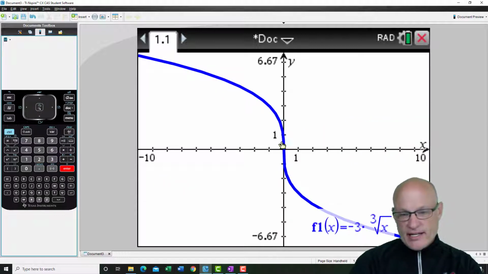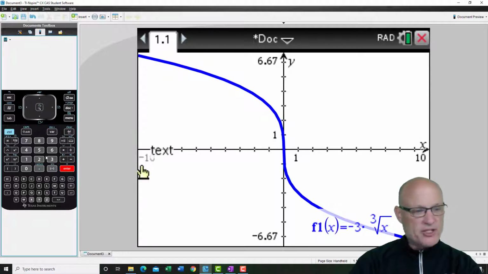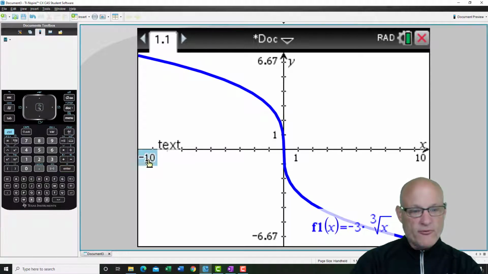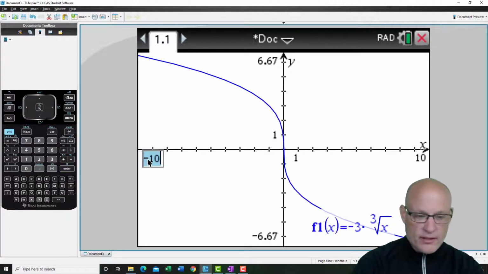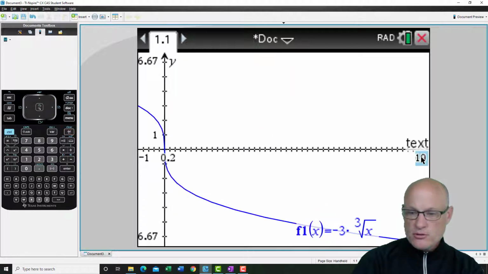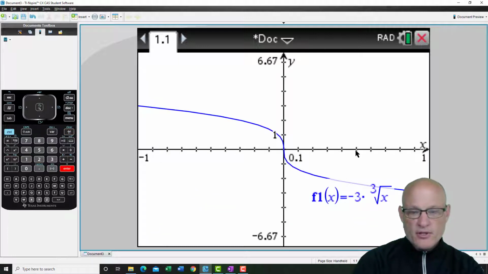Now, it looks like it's going to fail the vertical line test right here. It really does. But let me change the window from -1 to 1. Oh, it's hard to see. I can't even zoom in anymore.